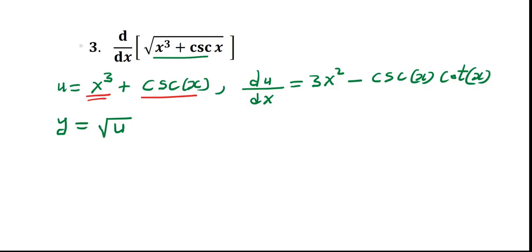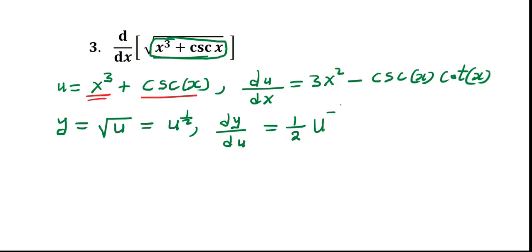as u. So y is equal to the square root of u, and we can also write the square root as a power of 1/2. So if we take the derivative of y with respect to u, this would be equal to 1/2 u to the power of negative 1/2.